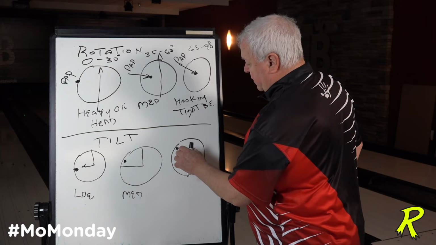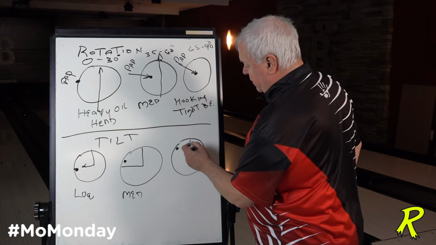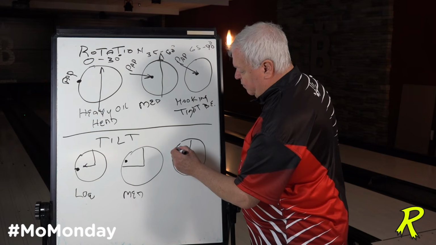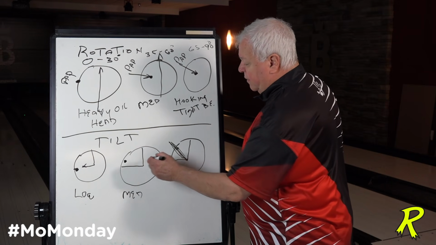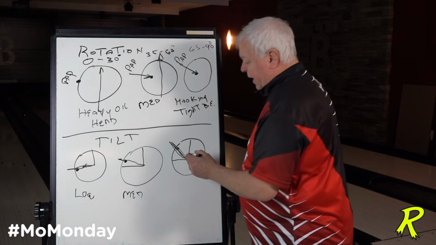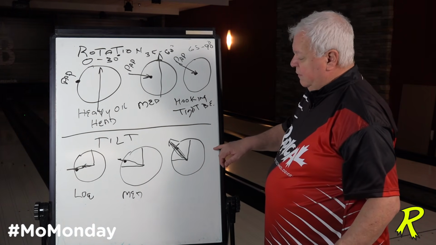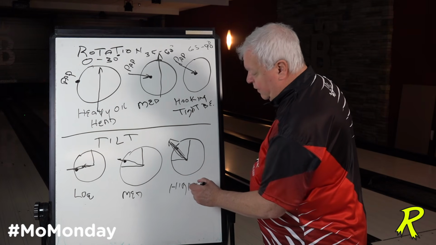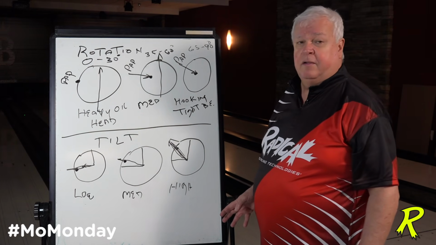That's where his axis point would be, facing up in this direction. And this guy here is the high tilt. He gets easy length off his hand.